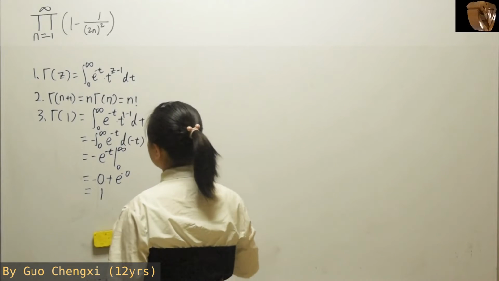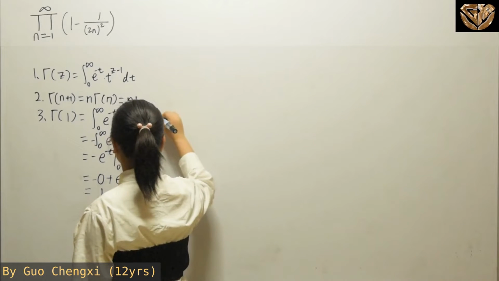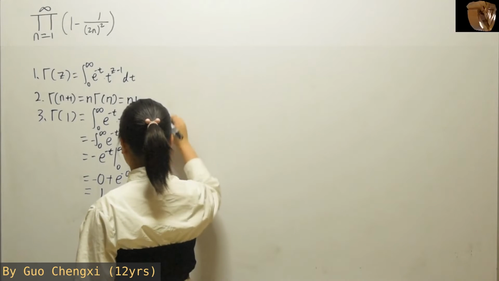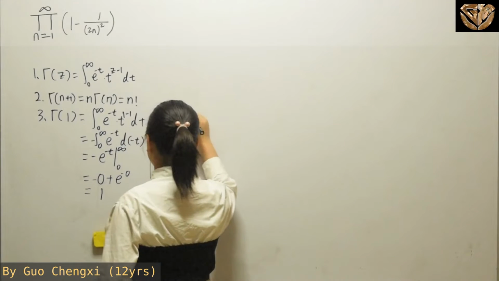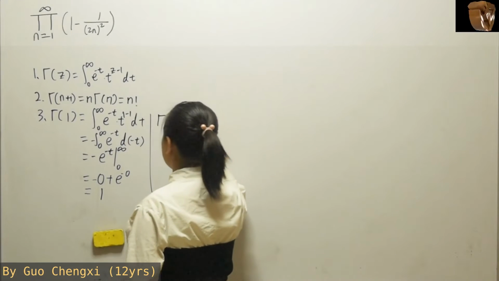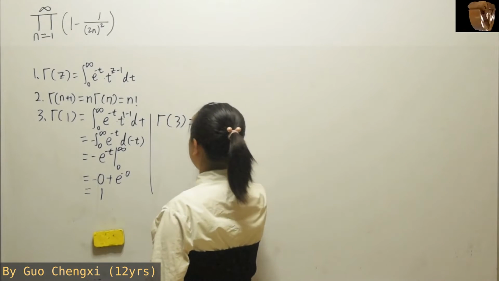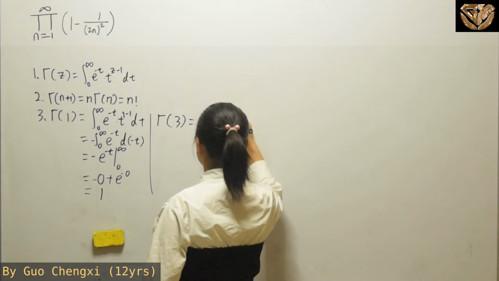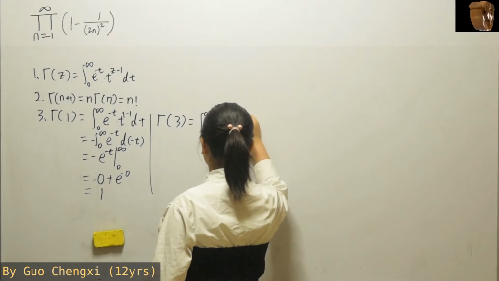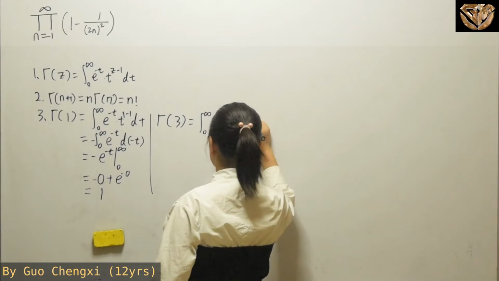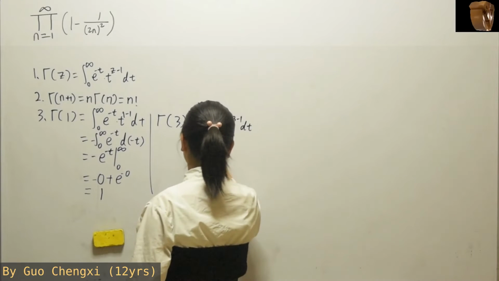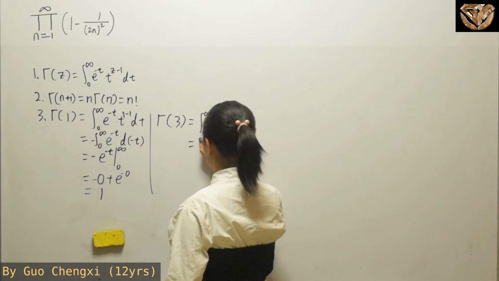So other examples we can also put in. For example, over here you can also have another example like gamma 3. So we'll be subbing it in again. For this part, 3 minus 1, you get a 2.